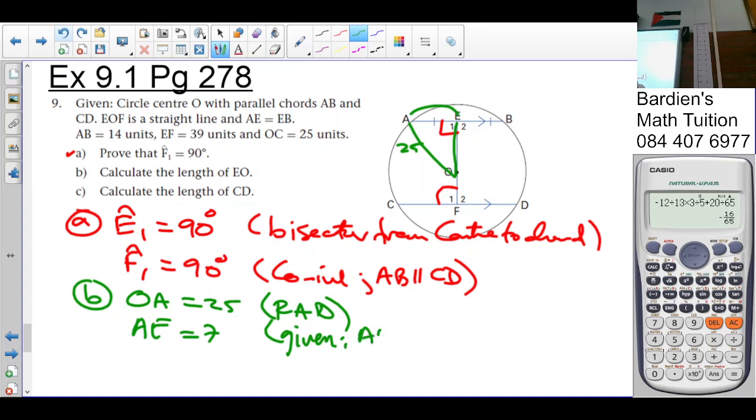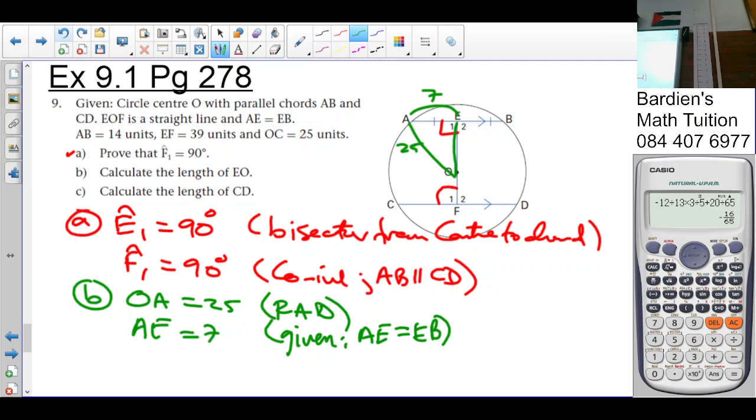That AE is equal to EB. Or we could have said given that E is the midpoint, the same thing. We could have even used bisector from center, because at this point we highlighted the theorem already. Or perpendicular from center. Okay. So that's going to give us 7.